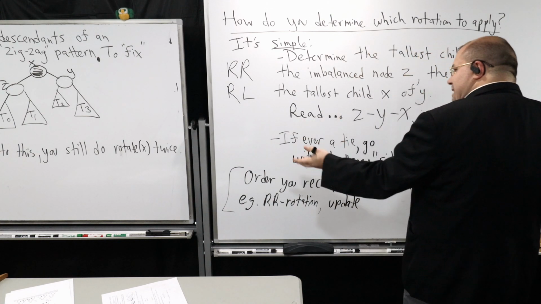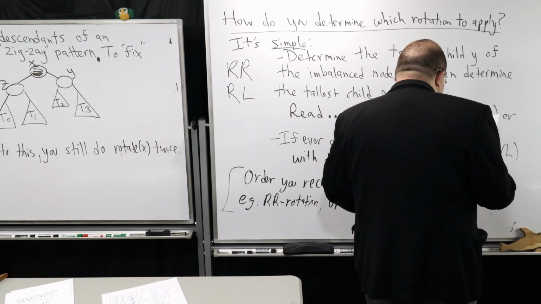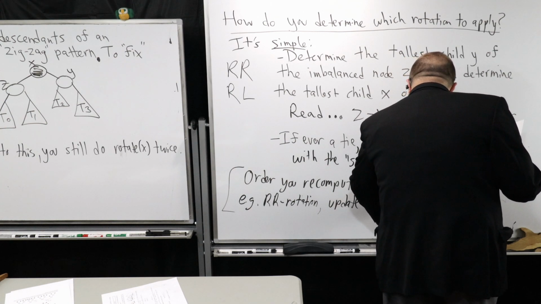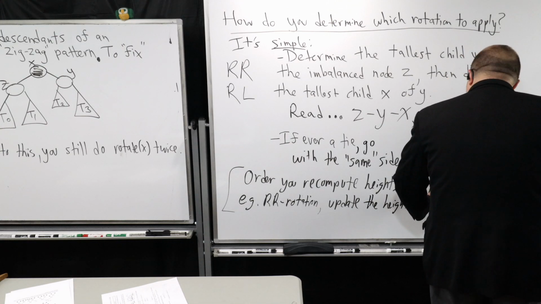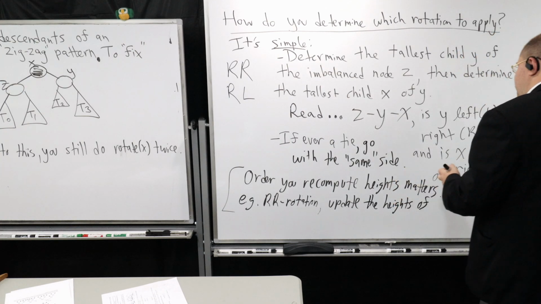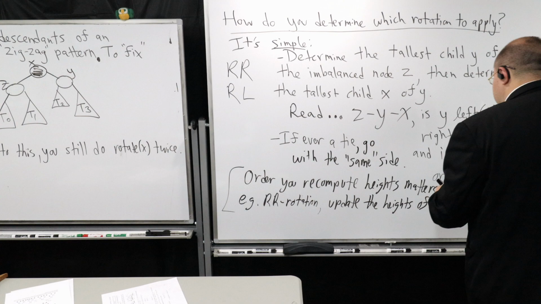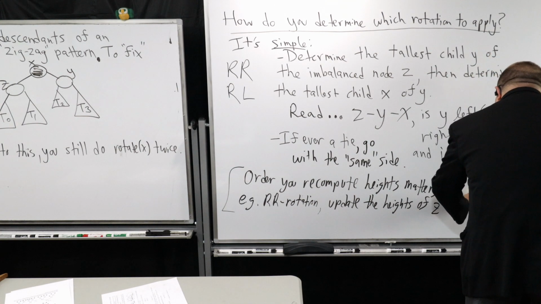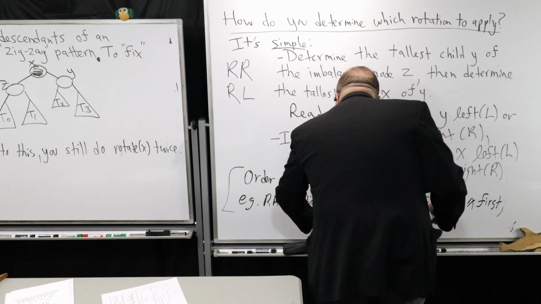Keep in mind there might be a leaf node there, but otherwise you have an internal node, and you can update the heights. Remember in an RR rotation we promote Y, so we have Z on one side and X on the other side. So we update the heights of Z and X first, then Y.